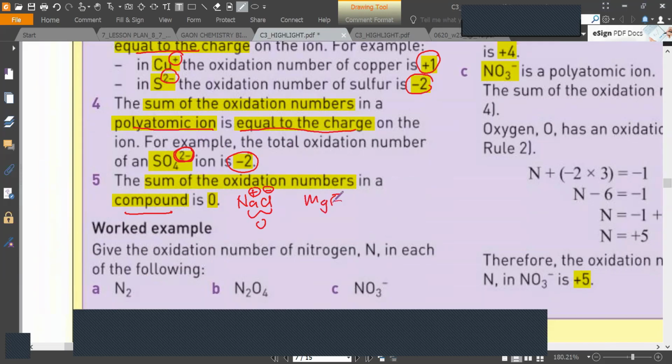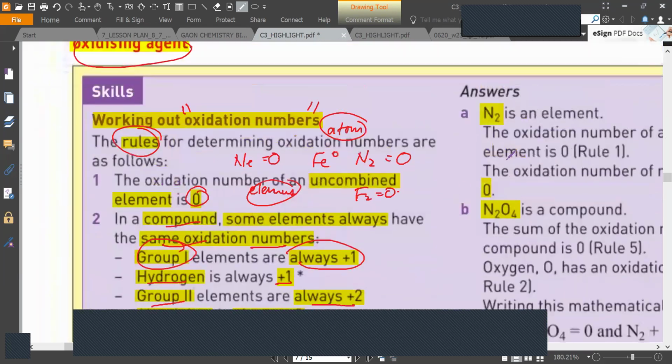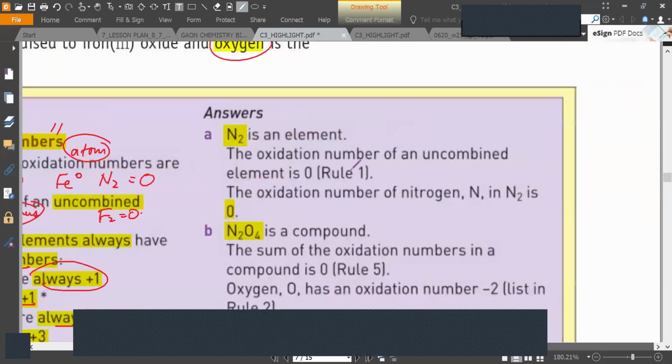MgF2, +2 and -2, is always 0. The oxidation numbers of a compound always total 0 overall. Now we will look at some examples: N2, N2O4, NO3 negative. Now this N2 is an element.